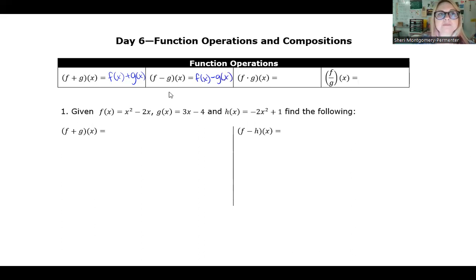When we multiply, it is f of x times g of x, and for that one, we can put a note that usually we use a box. And when we're dividing, it is f of x over g of x. And you can leave it. We're not going to do division.